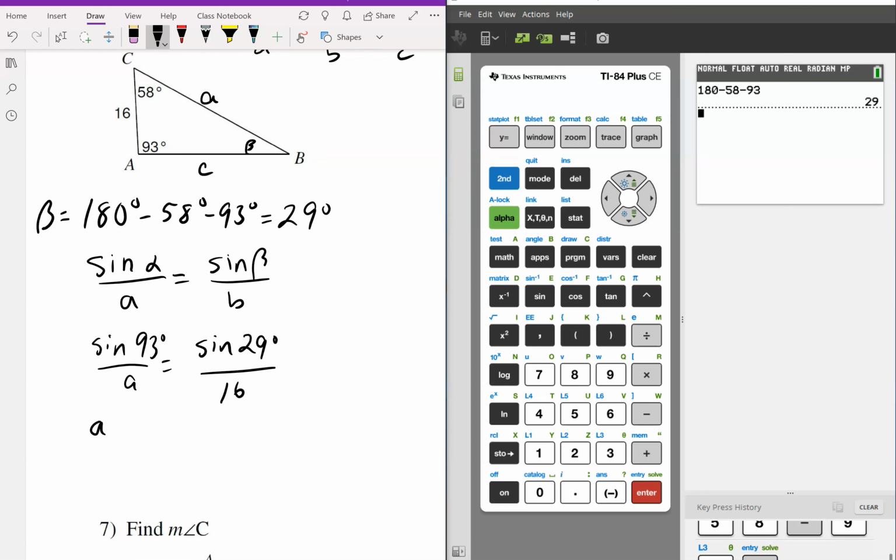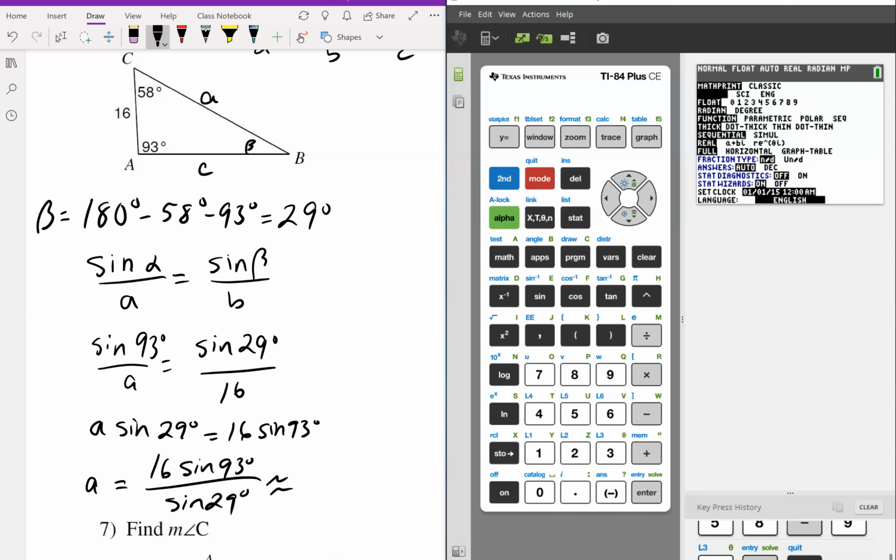Cross multiply. So we get A sine of 29 degrees equals 16 times the sine of 93 degrees. Divide by the sine of 29. We get A equals 16 sine of 93 degrees over sine of 29 degrees. And now it's time to go to the calculator. Double check that your calculator is in degree mode.